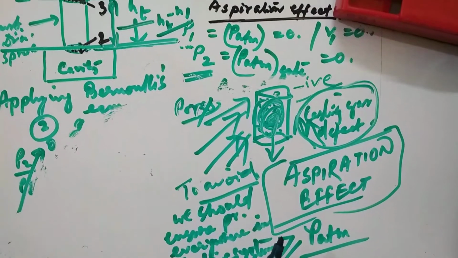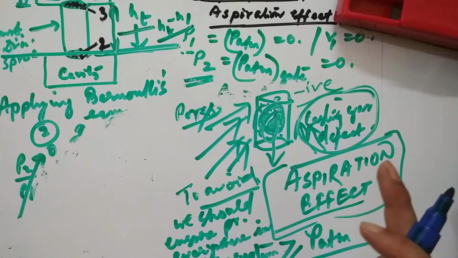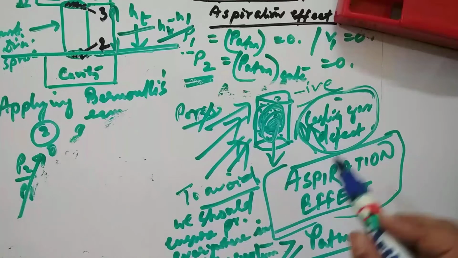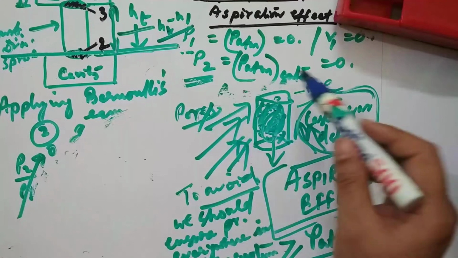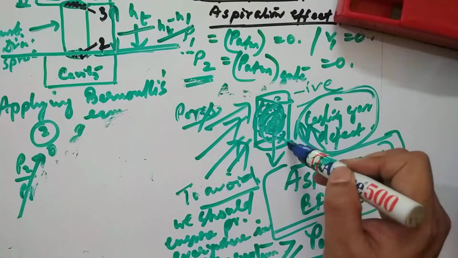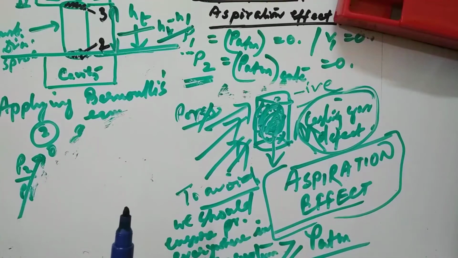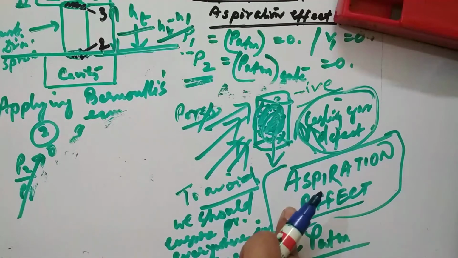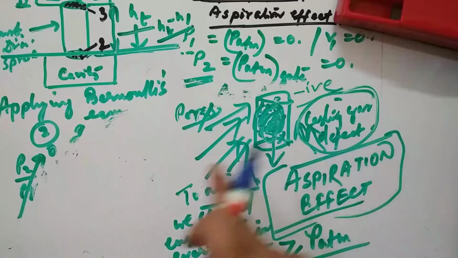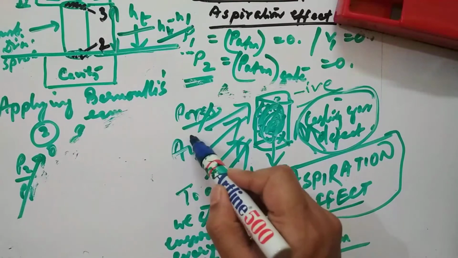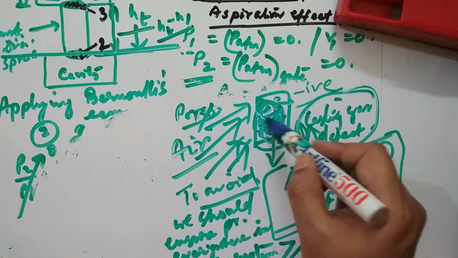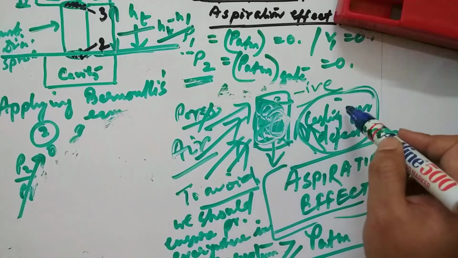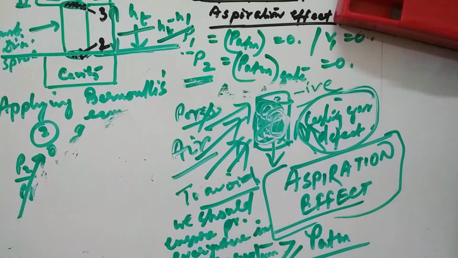You must keep in mind, if somehow the pressure falls below the atmospheric pressure inside the total system of the casting or molding cavity, it will cause aspiration effect. That means atmospheric air will rush into the sprue, and it will eventually get mixed with the molten metal, and it will cause casting gas defect.